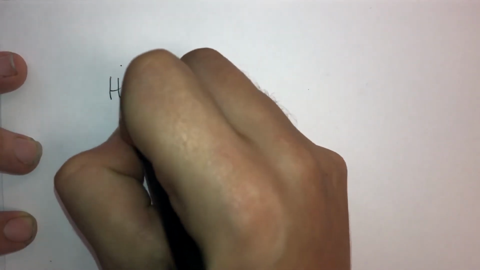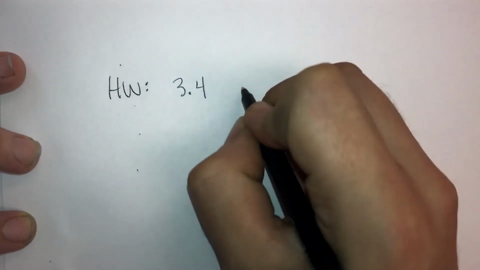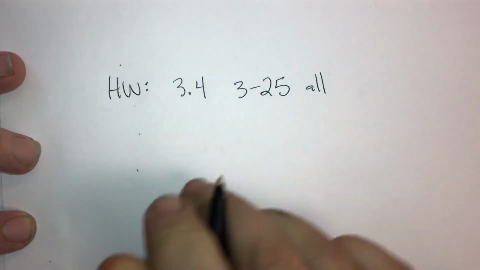It's just the inverses of each of those theorems that we've already written about transversals. And then for your homework, I would like for you to do numbers 3 through 25 all, from section 3-4.